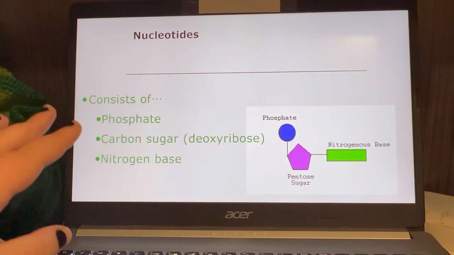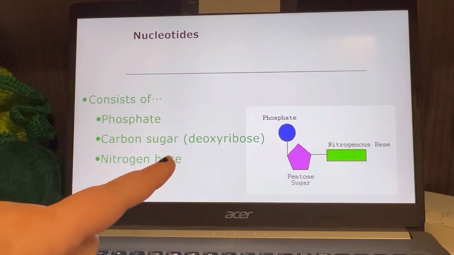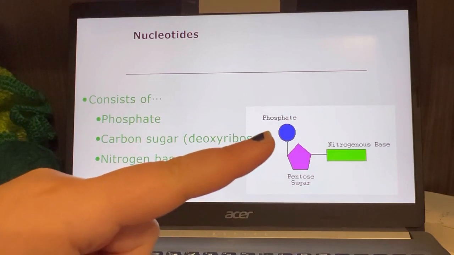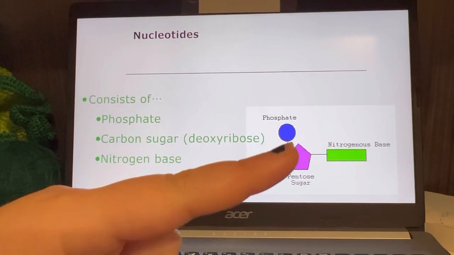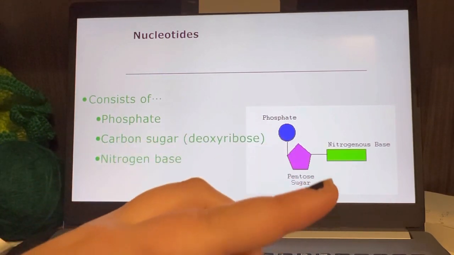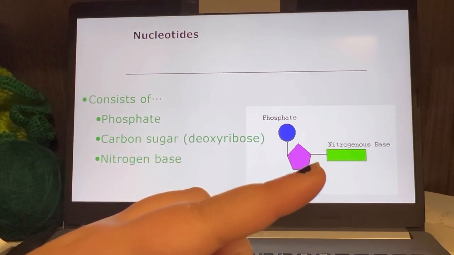Alright, so nucleotides consist of a phosphate, a carbon sugar, in this case the sugar is called deoxyribose, and a nitrogen base. So you have your phosphate there in blue, your pentose sugar, and then your nitrogen base. When you are asked to draw a base, you need to draw the phosphate, the sugar, and the base next to it.